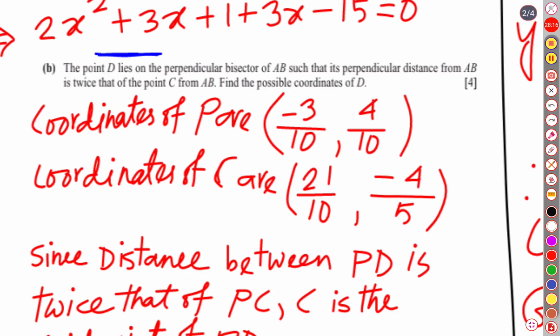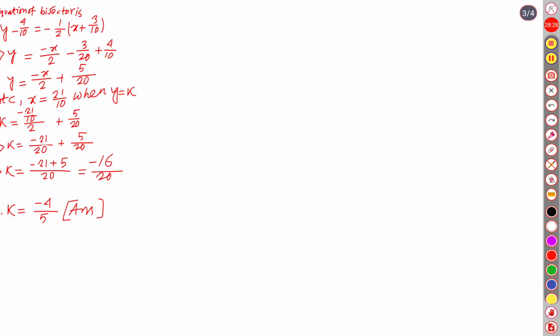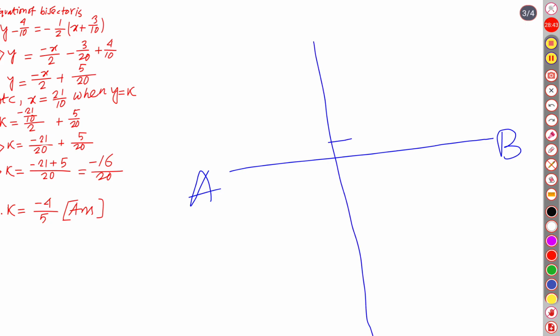They told the point D lies on the perpendicular bisector of AB. Already we have got the equation of the perpendicular bisector of AB from part a. Now let me show you. This is line AB, and the perpendicular bisector we have already got, this is the perpendicular bisector, and the coordinates of A and B are known to us.